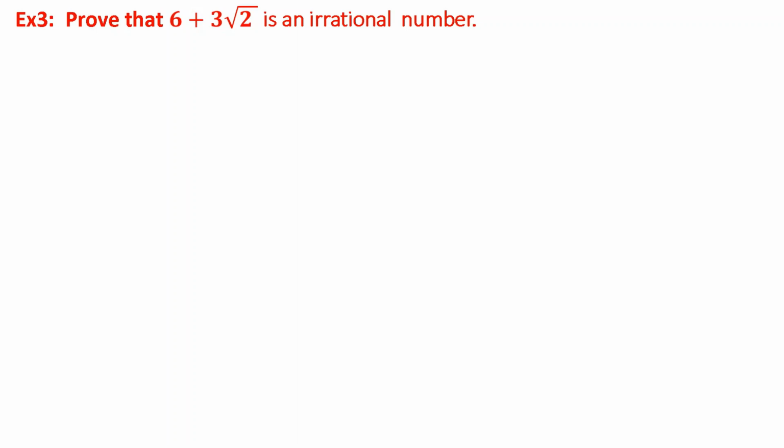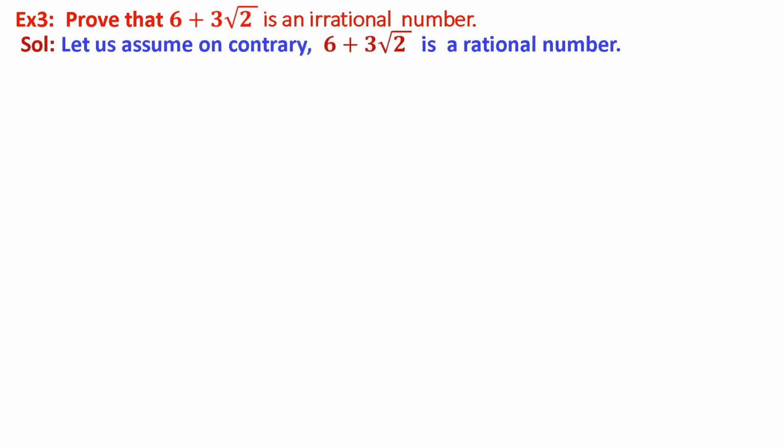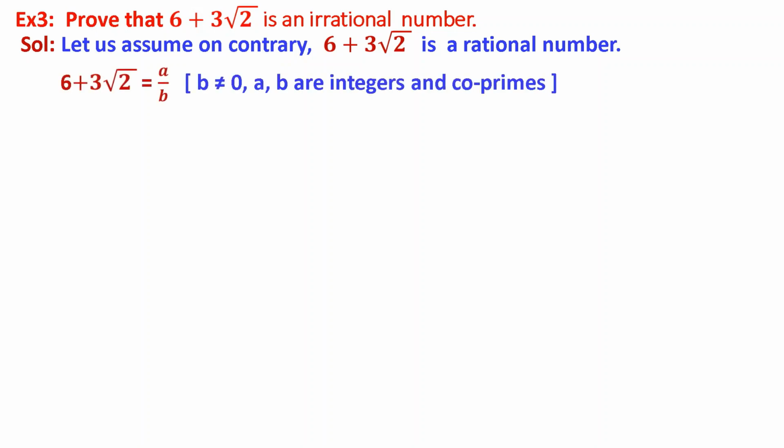Another example, prove that 6 plus 3 root 2 is an irrational number. Let us assume on the contrary 6 plus 3 root 2 is a rational number. 6 plus 3 root 2 is equal to a by b, b not equal to 0, a comma b are integers and co-primes.